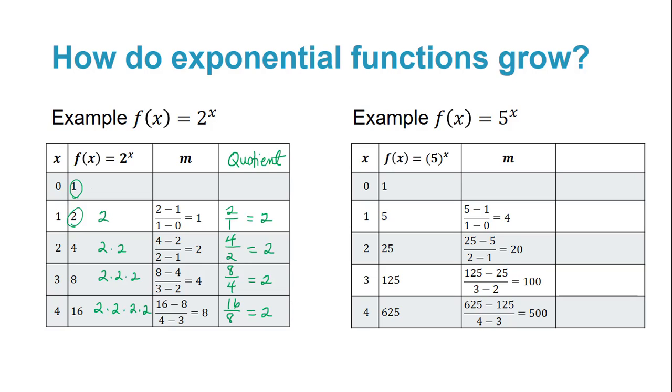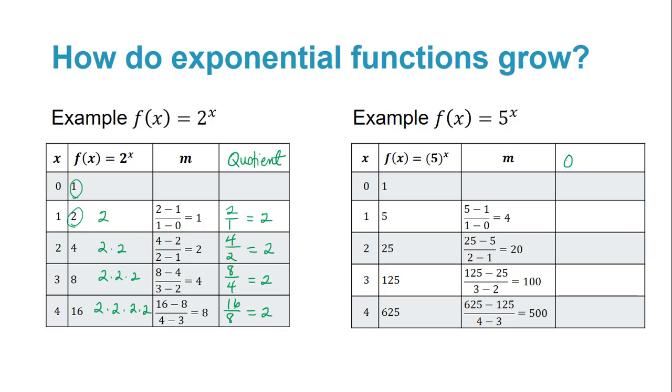For the last pair of points, (3, 125) and (4, 625), our slope is 625 minus 125 divided by 4 minus 3, or 500. So again, there's not a constant slope. The slope is actually increasing, so between the points we're getting steeper and steeper.